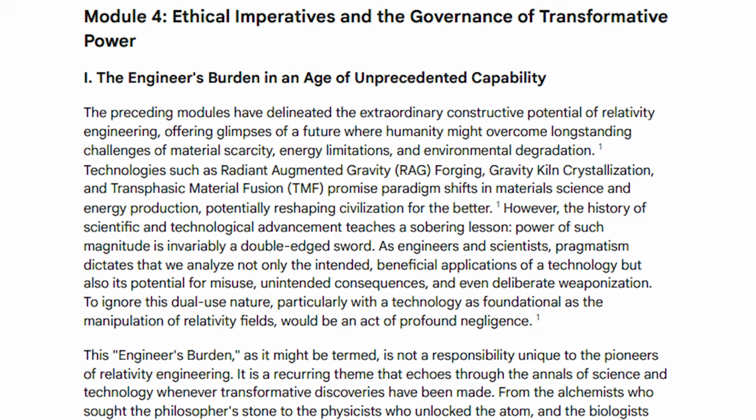This engineer's burden, as it might be termed, is not a responsibility unique to the pioneers of relativity engineering. It is a recurring theme that echoes through the annals of science and technology whenever transformative discoveries have been made.